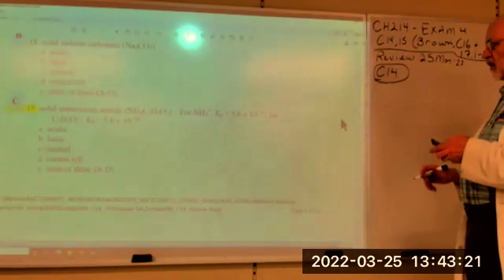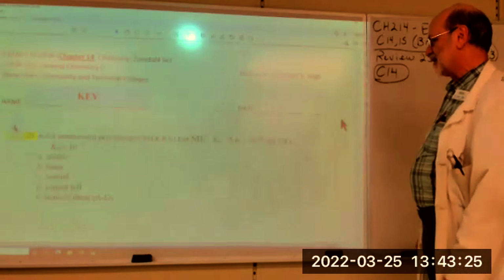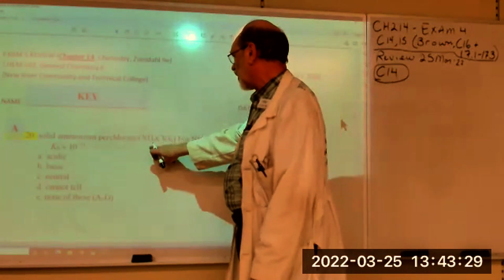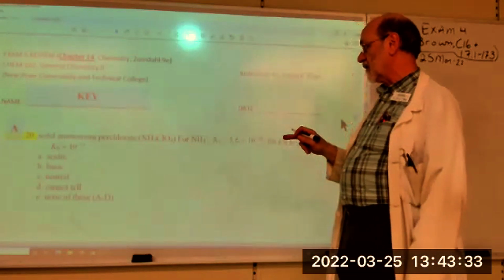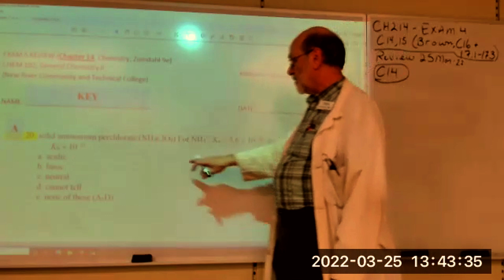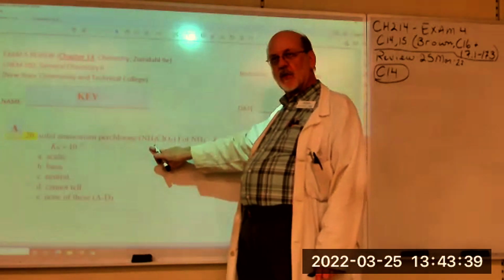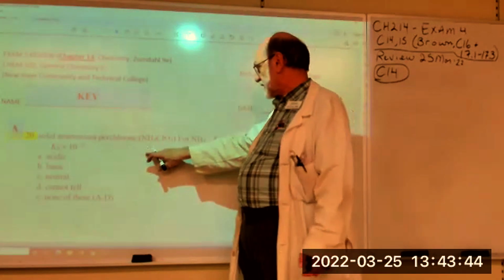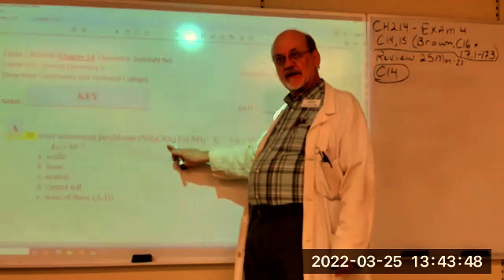A rule of thumb won't work for this one. 20. Again, we're going to make a solution with ammonium perchlorate. For this one, you can use a rule of thumb because ammonium is derived from a weak base, ammonia, versus a strong acid.